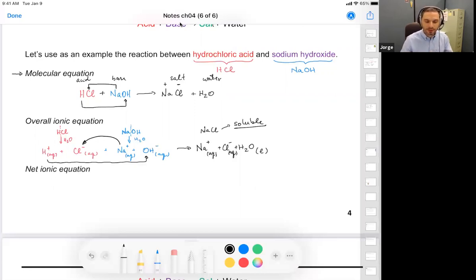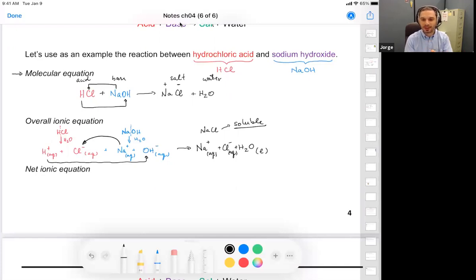So the only different thing here that I did was to represent the acid in the ionic form and the base in the ionic form. That will result always in water and the salt. To decide if the salt is Na plus and Cl minus, or just NaCl as 1 unit, you check the solubility tables.